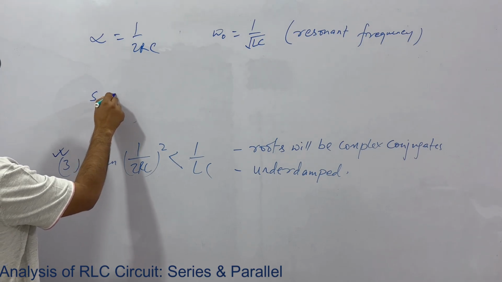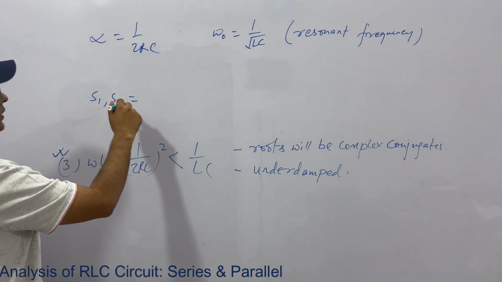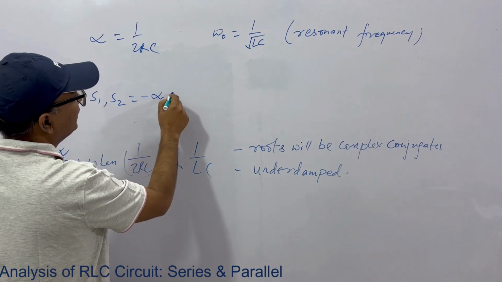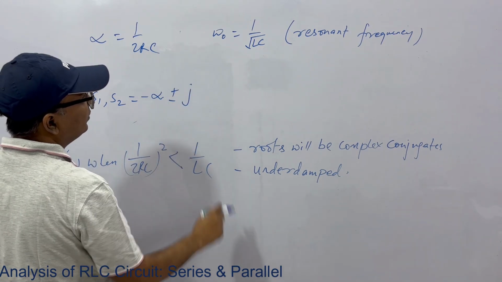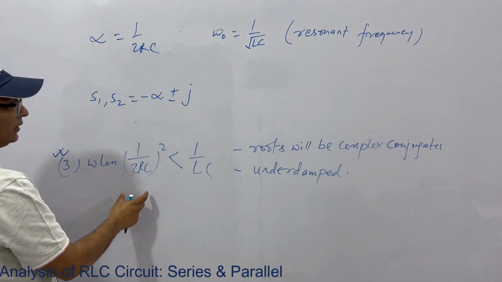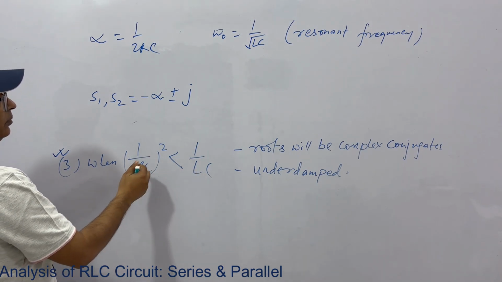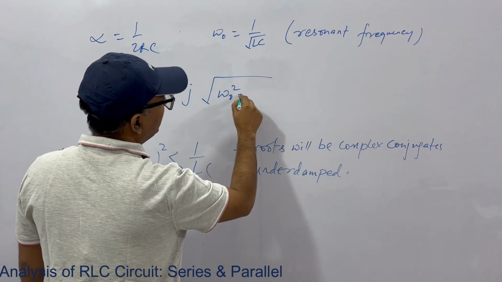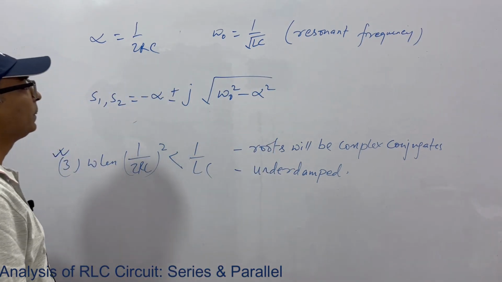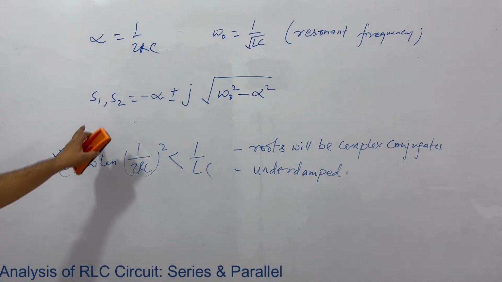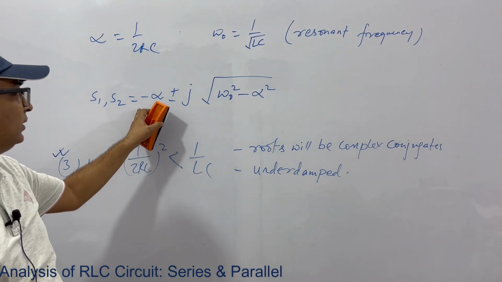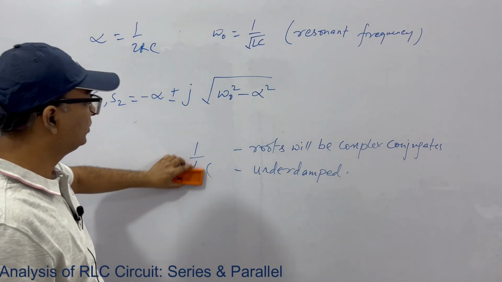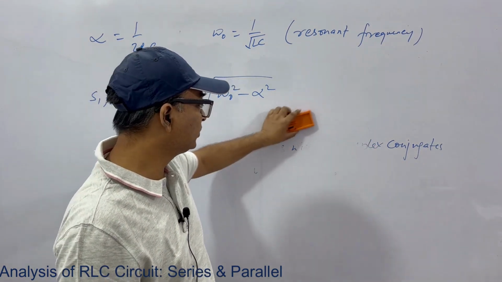Now we had S1 and S2. If you put this value, 1 by 2 RC was alpha, so we can write minus alpha plus minus j, because this is less than this thing, under root omega 0 square minus alpha square. So that equation can be simplified to this point. This is the underdamped case only.